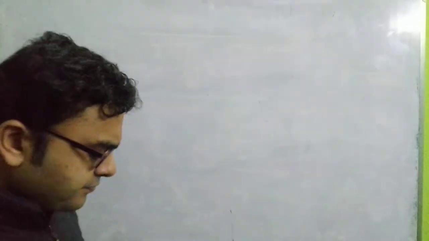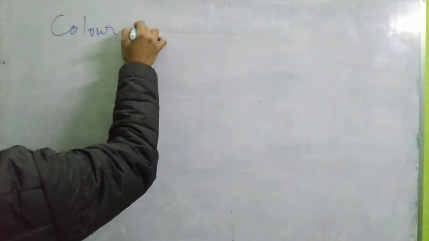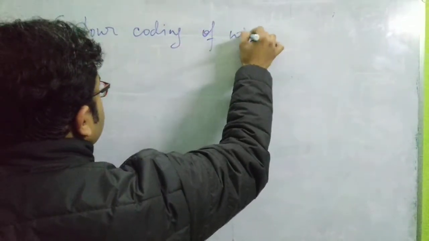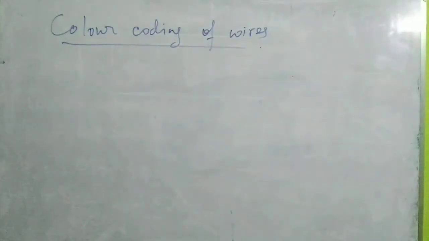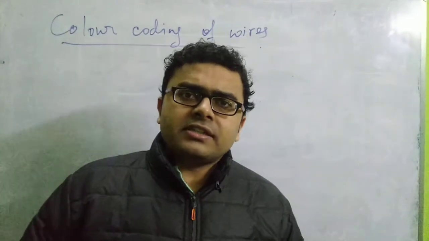Now, as you know, there are three kinds of wires. So put down the heading: color coding of wires. As we have been discussing, there are actually three wires that we use.